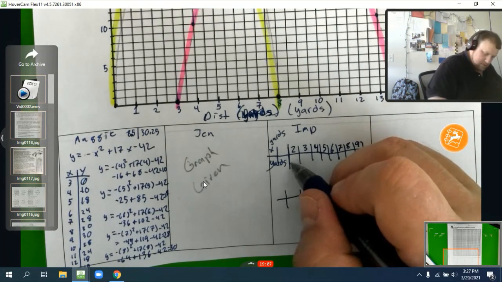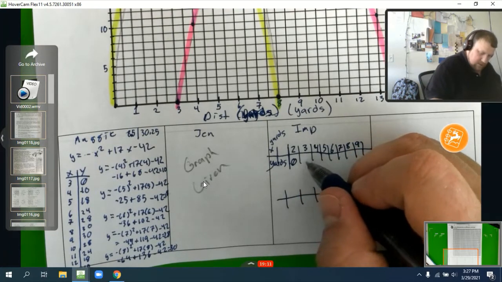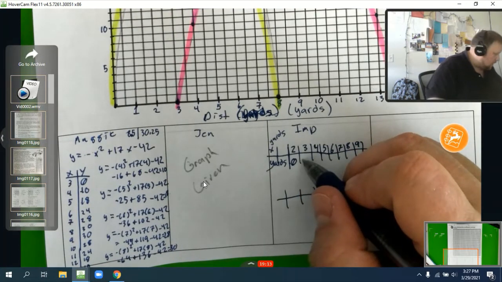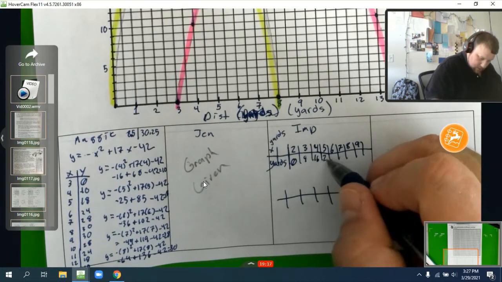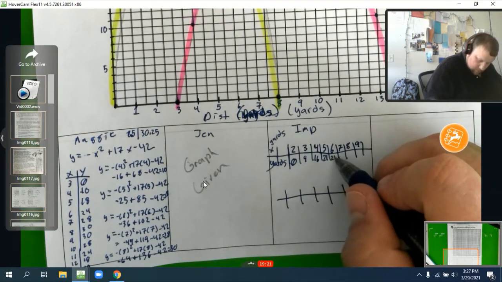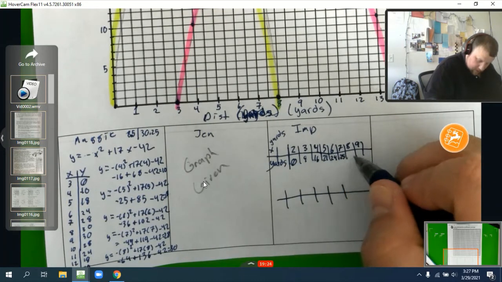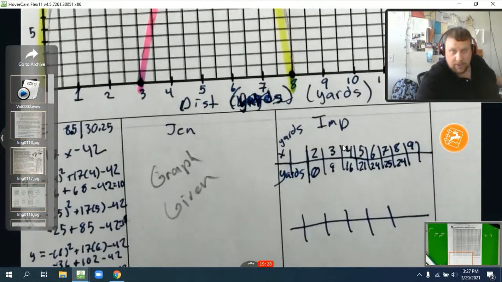At 2 yards on the X, we're at 0 on the Y, so that's starting at 2. And then it goes 9, 16, 21, 24, 25, 24. Zoom in on that for you, in case you're just writing it with me.